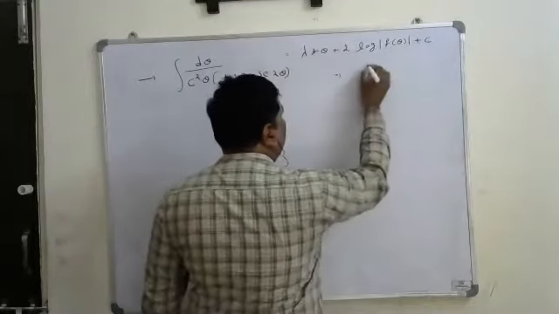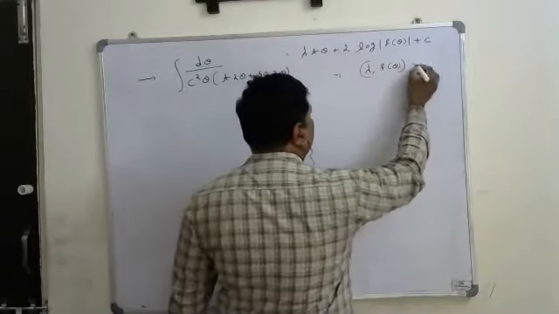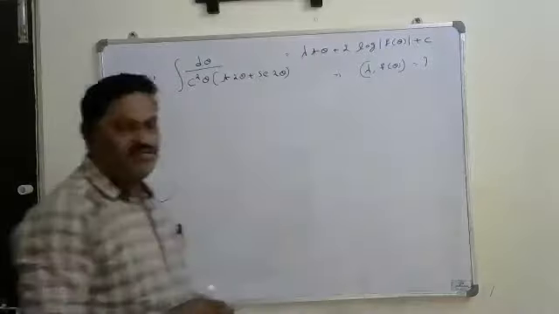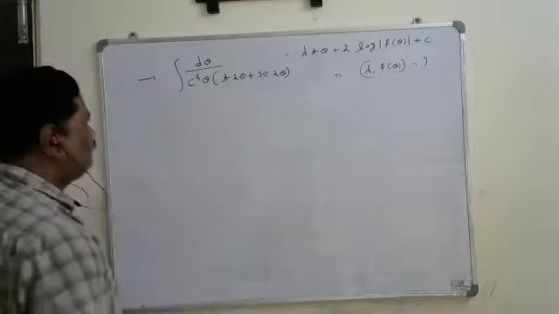Then what is the value of lambda, and f of theta is equal to how much? What are the values of lambda and f of theta? Okay. So just observe that problem.